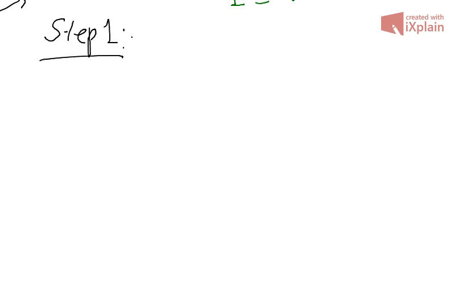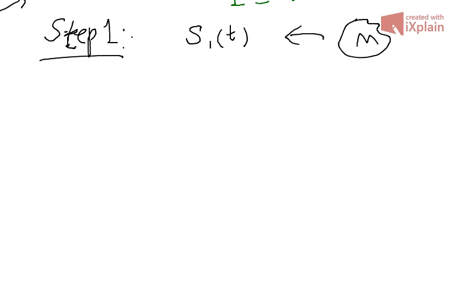In step number 1 of this conversion process, we choose any signal s_1 of t from that set. We choose any one, it's not necessary to pick some specific waveform. The first one you choose is s_1 of t.